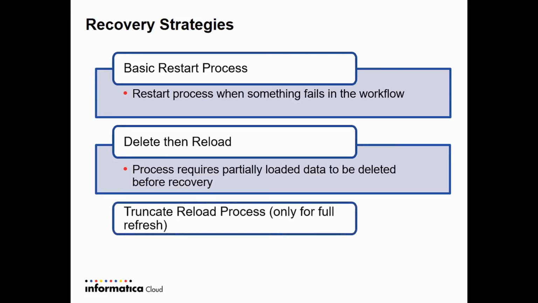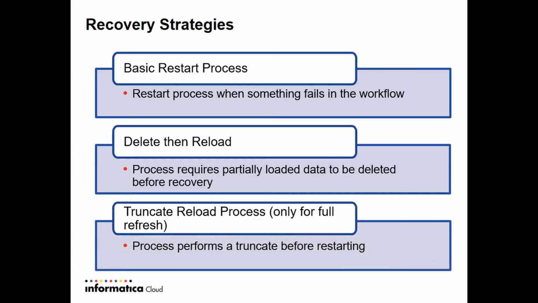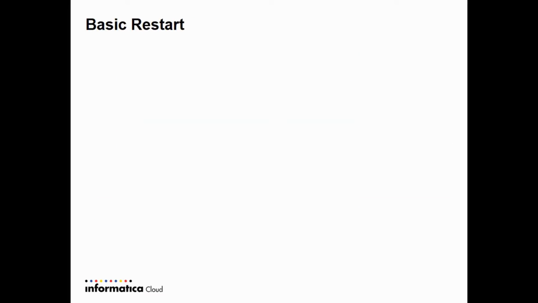Truncate then reload: you need to perform this only if you require a full refresh of your system that stores data. The process performs a truncate before restarting, which means all the data in the table is removed before the process is restarted. Let us discuss the basic restart recovery process.